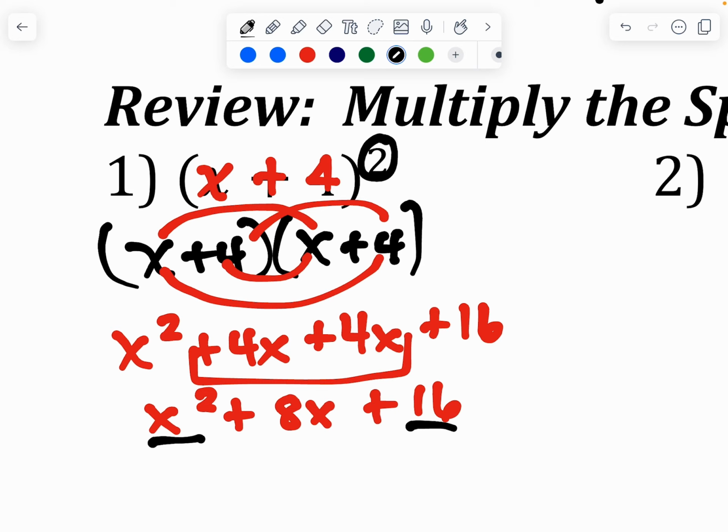So with perfect square trinomials, when we factor, we're going to be talking about undoing the multiplication, which is what we just did. We multiplied to get a perfect square trinomial. Next, we're going to take the perfect square trinomial, which is this, and we're going to factor it. We're going to undo it, and it's going to look like that.